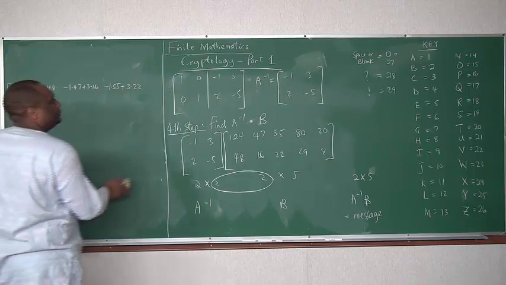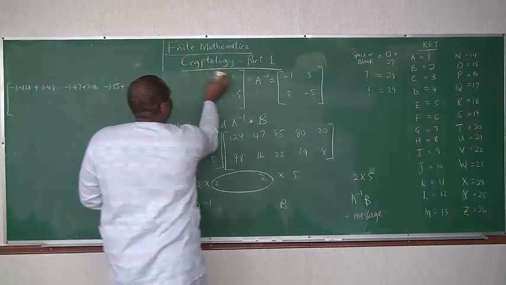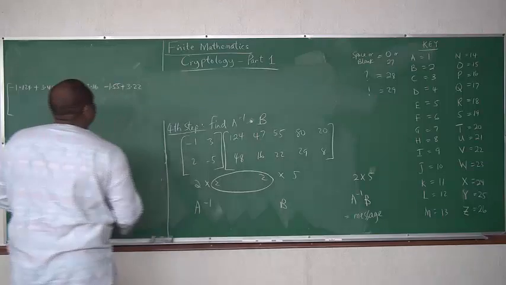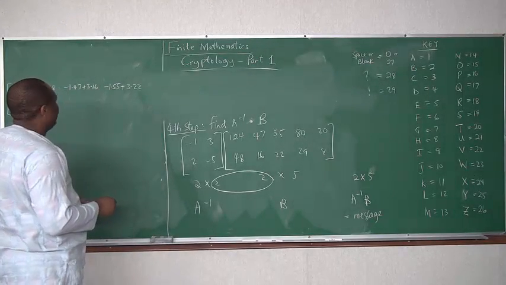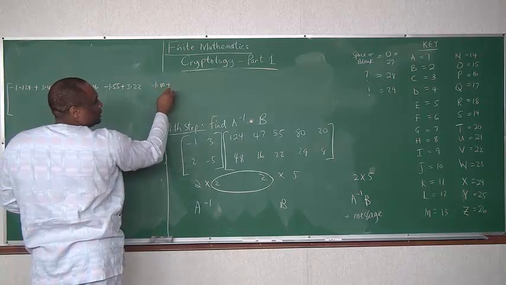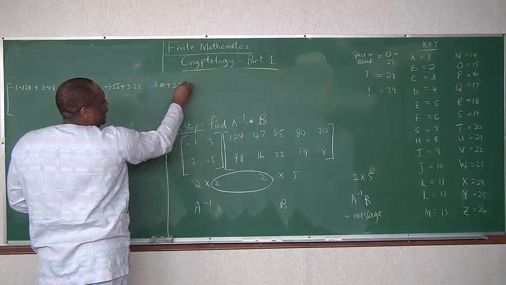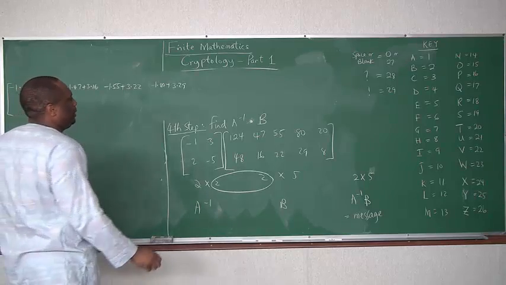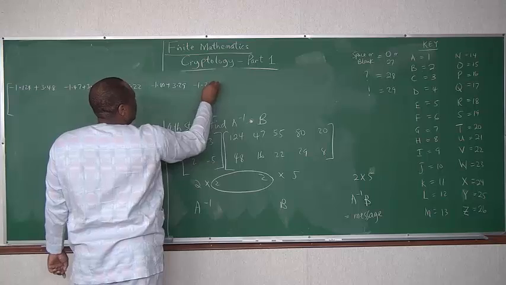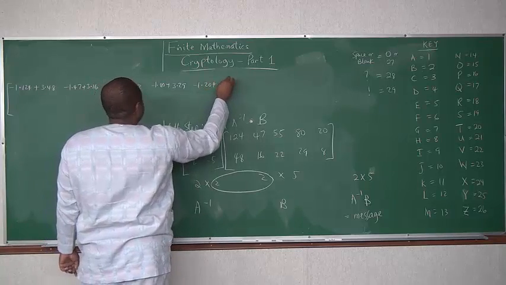Then we have negative 1 times 80 plus 3 times 29. Then we have negative 1 times 20 plus 3 times 8.